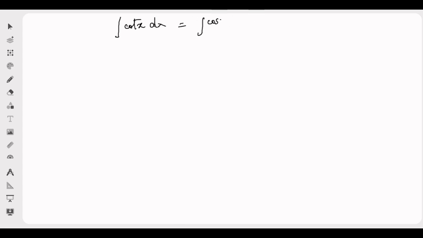We know that cot x is equal to cos x upon sin x dx. Let us substitute sin x as equal to t and differentiate this function with respect to x.